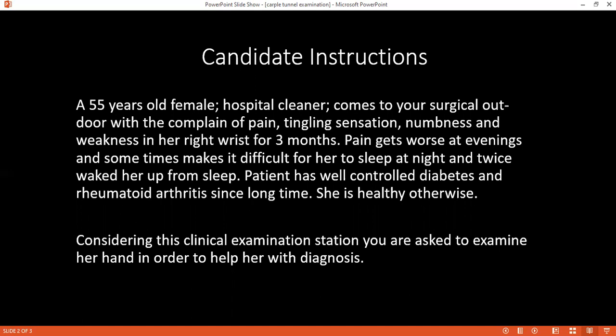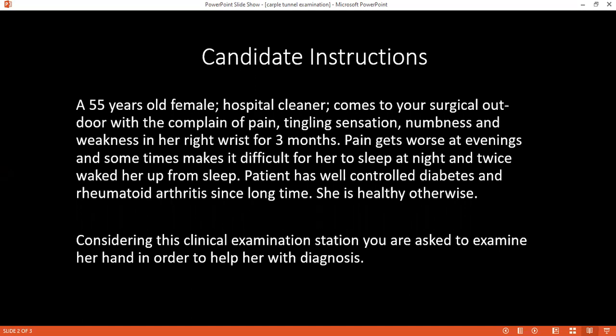First of all, I will counsel the patient regarding the diagnosis, what carpal tunnel syndrome is. I will include the multidisciplinary team in the management, including physiotherapists. If the patient has mild to moderate symptoms, I will give a trial of conservative treatment in the form of analgesics along with physiotherapy and night splinting.